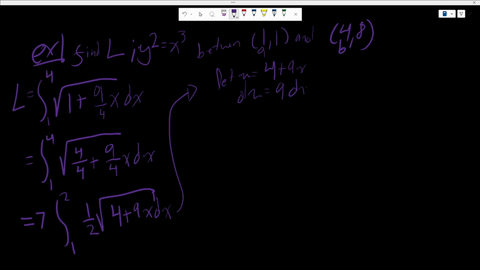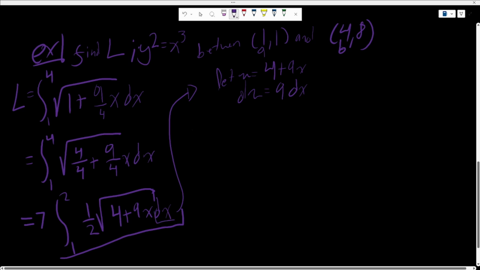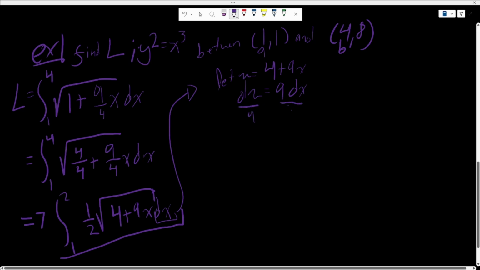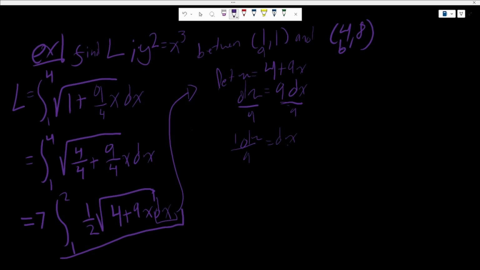We'll have dx. In our integral, we just have a dx at the end. There isn't any other variable attached to it, so for du equals 9 dx, we can divide both by 9. And then we're left with 1/9 du is equal to dx.